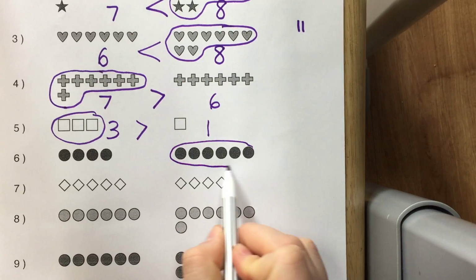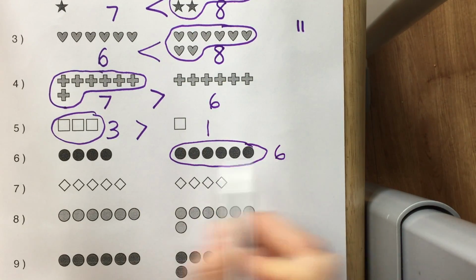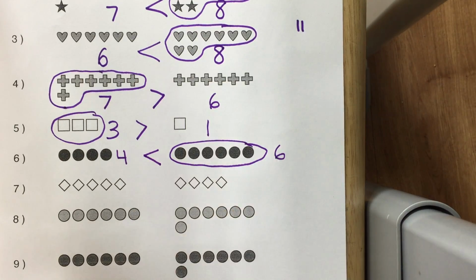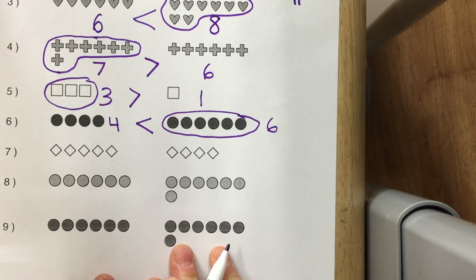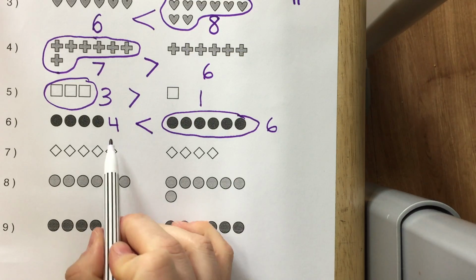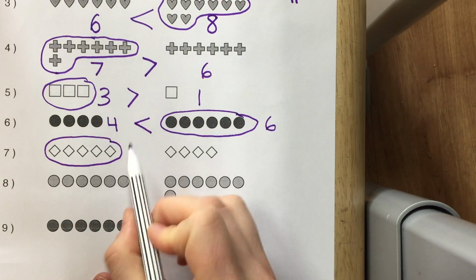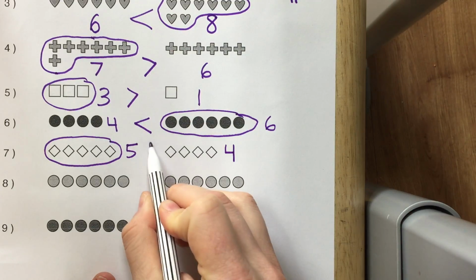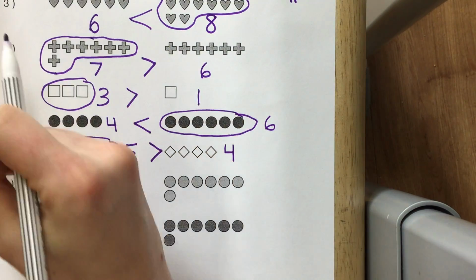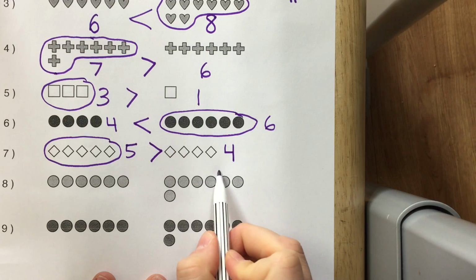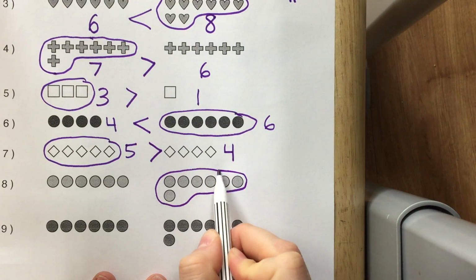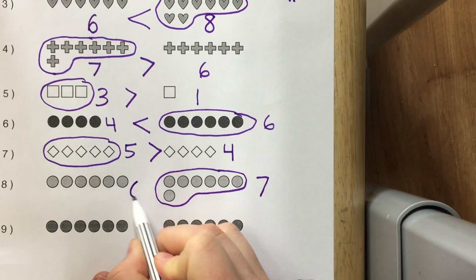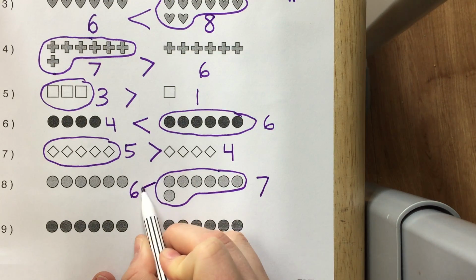This one is more. It is 6, and this one is 4, so 4 is less than 6. Is that what you got? This one is more than this one because it is 5, and this one is 4. 5 is greater. The alligator is going to eat that 5. This one is greater than this one because this one is 7, this one is 6, so 6 is less than.